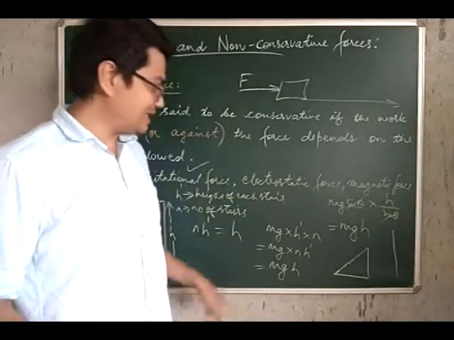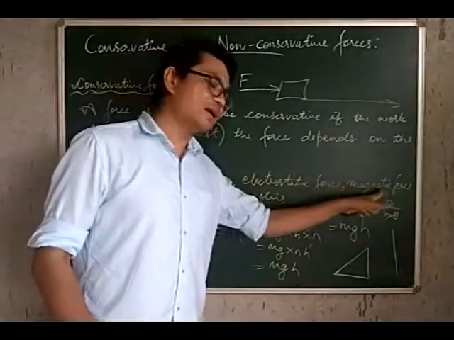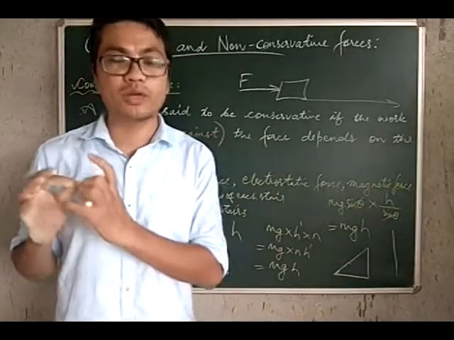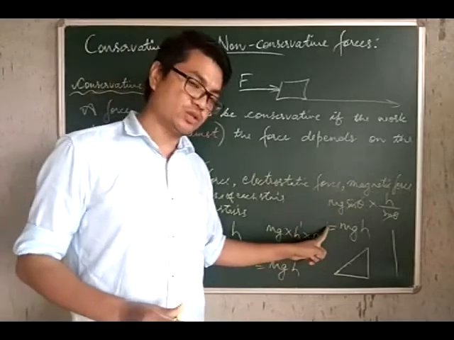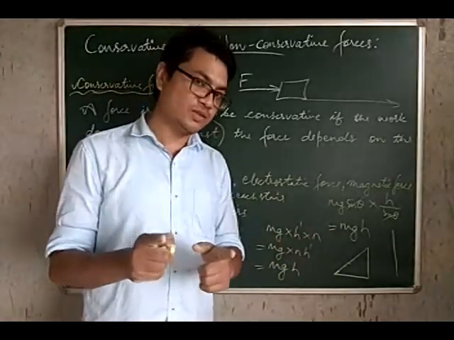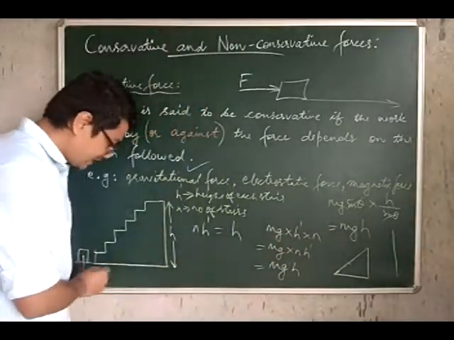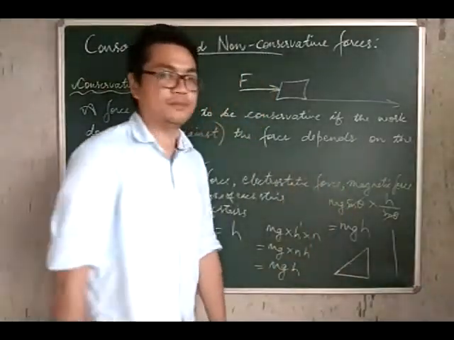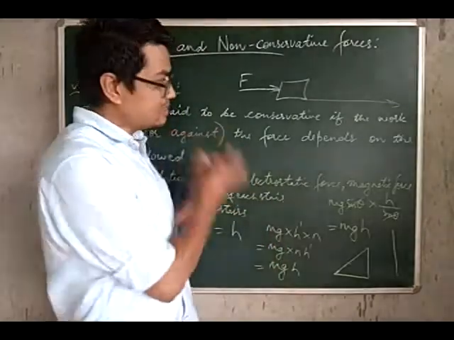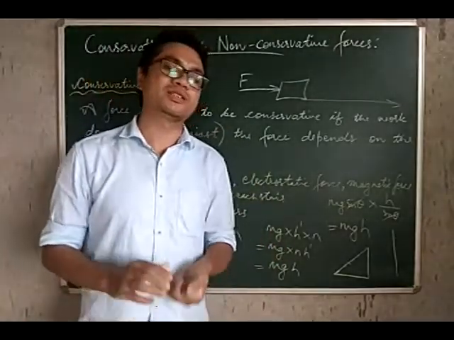Likewise, we can also see that electrostatic force and magnetic force are examples of conservative forces. Whereas, mind you, force of friction is a non-conservative force because the work done against the force of friction is path dependent. Okay, so this is the concept of conservative and non-conservative forces.